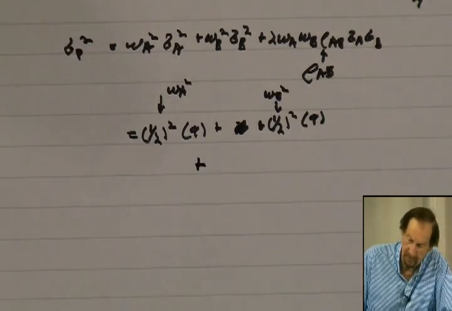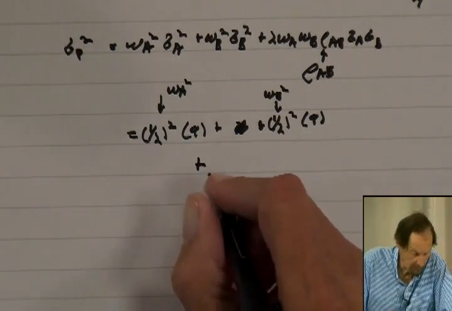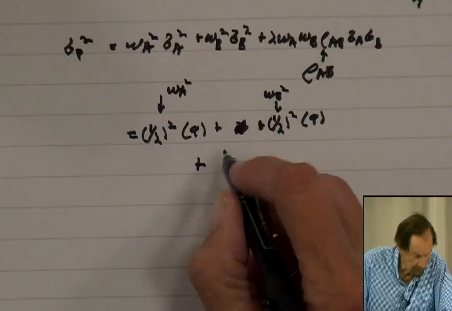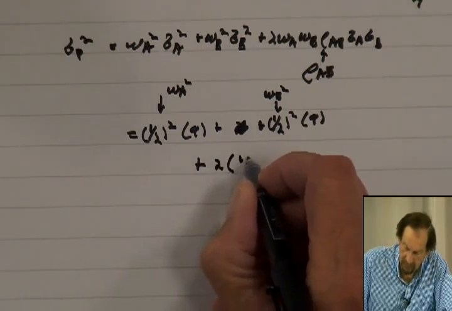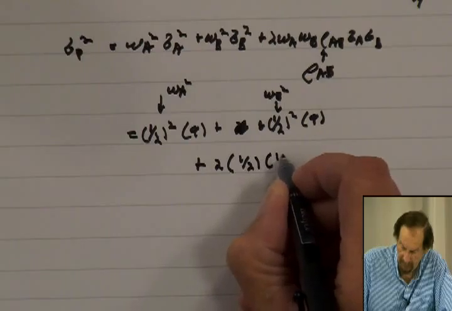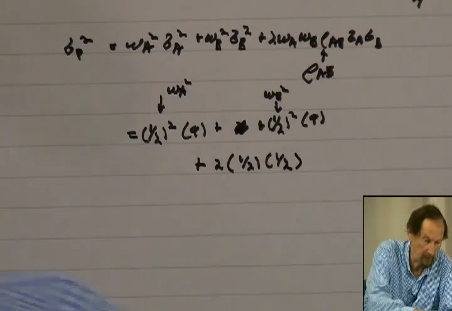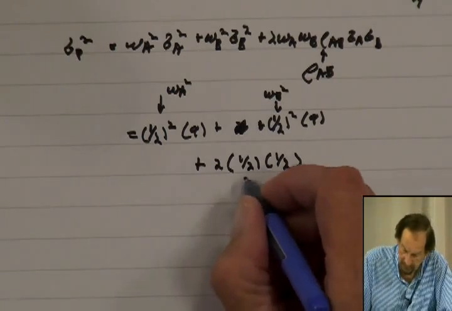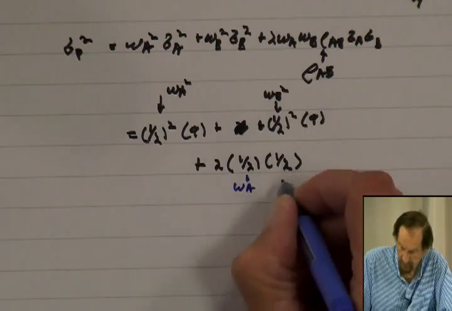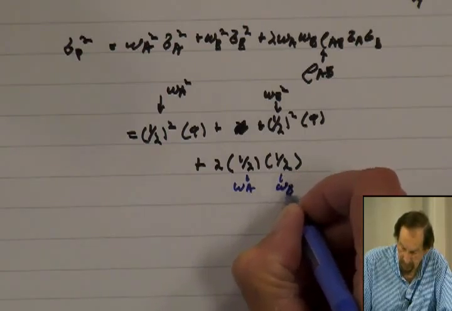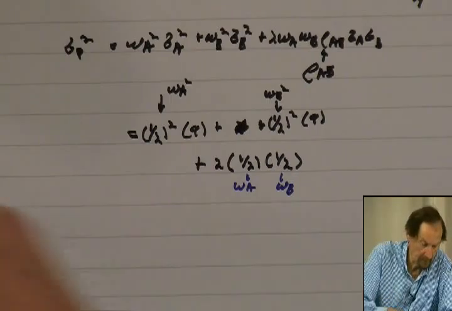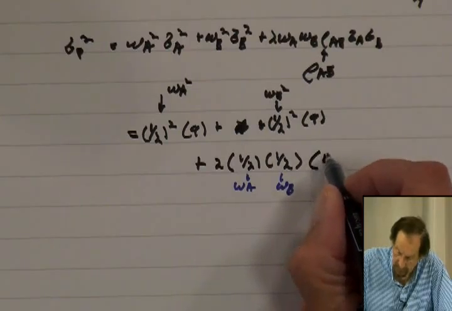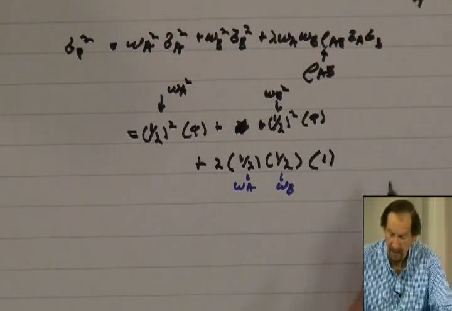Plus, let's take our combined term here, plus 2 times 1/2 times 1/2, the WA and WB terms, times rho AB, 1, times sigma A sigma B.